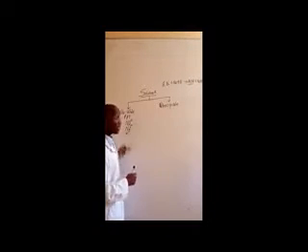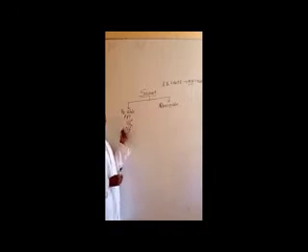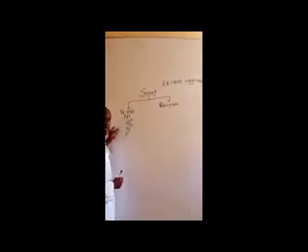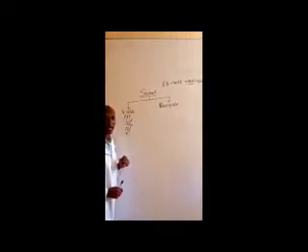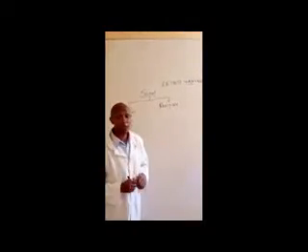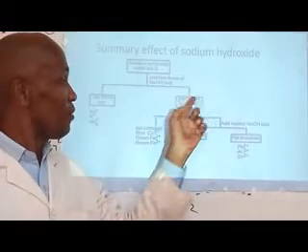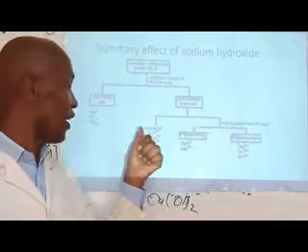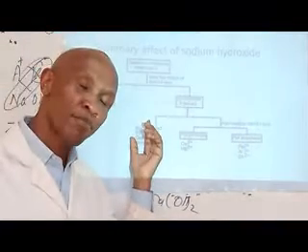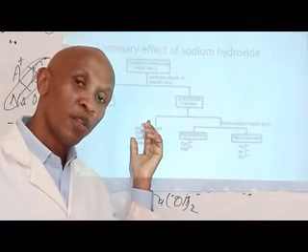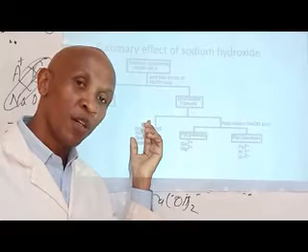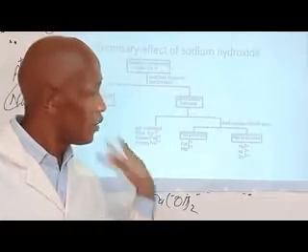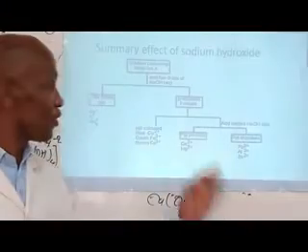The confirmatory test for the sodium ion is of course the flame test. The same will apply to the potassium ion. Sodium burns in a yellow flame, potassium burns in a lilac flame, and those are the confirmatory tests. So the precipitate can be white or colored. If it's colored, it can be blue, green, or brown. If you can remember that, you are okay.